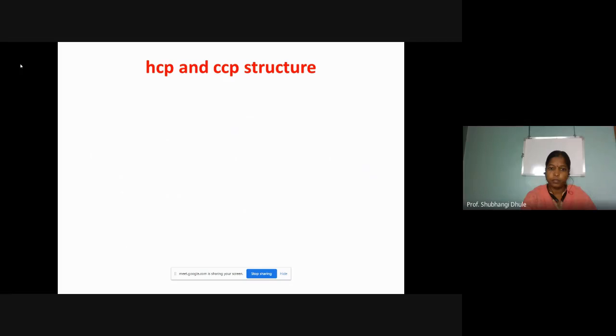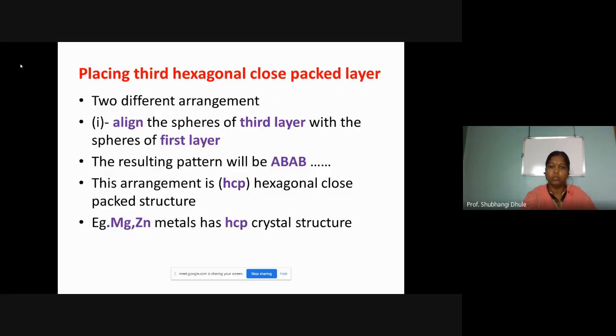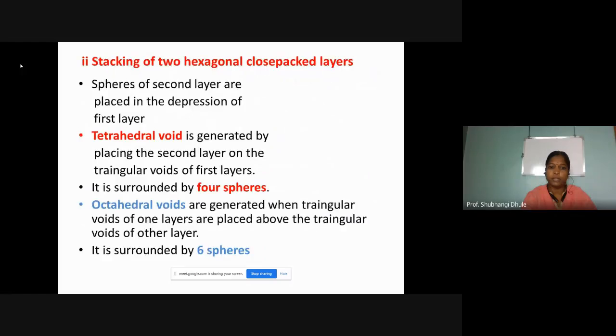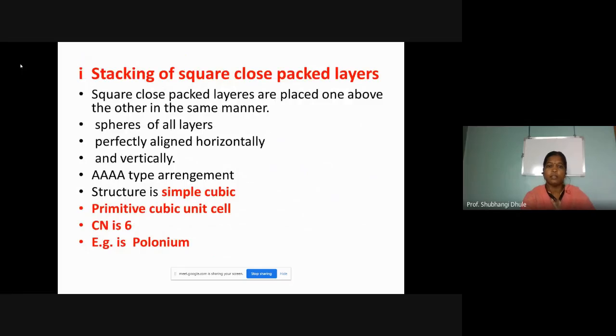the three-dimensional structure of the tetrahedroids, then the square close packed layers, which result in the simple cubic primitive cubic unit cell.